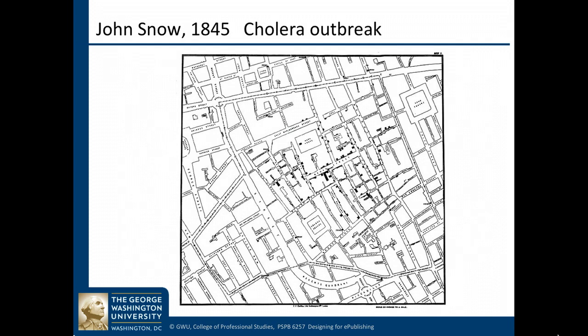This next one that we're going to talk about is also another well-known event. This was a cholera outbreak in London, and Dr. John Snow was treating the sick and dying. And he kept seeing a lot of recurrence in this one particular neighborhood. And so he began to plot the data.